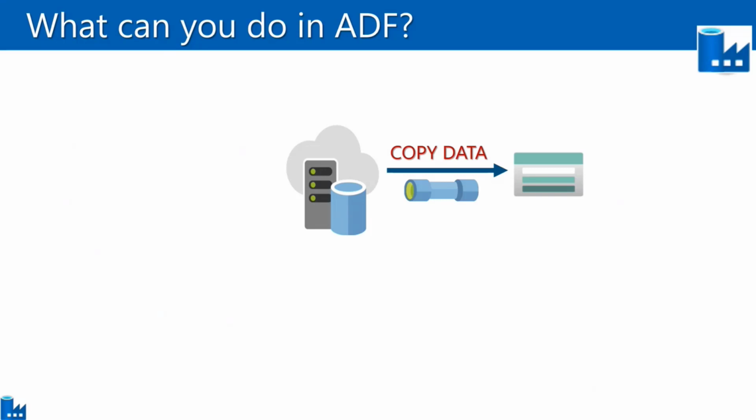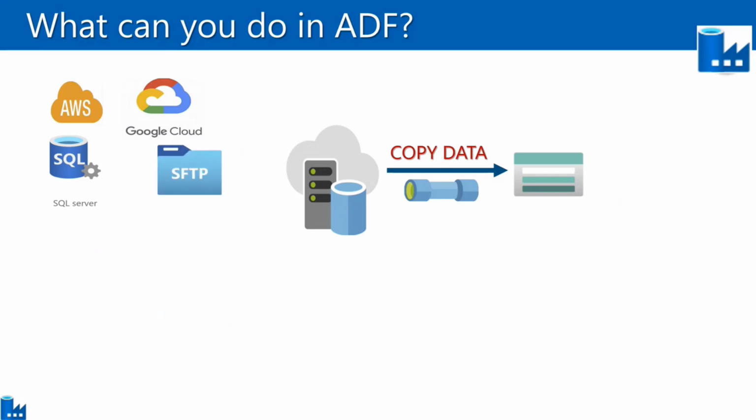So let's see other cloud services, for example, AWS or Google Cloud. You can copy your data from on-premise systems like SQL Server, Oracle Server Database, or SFTP or FTP.